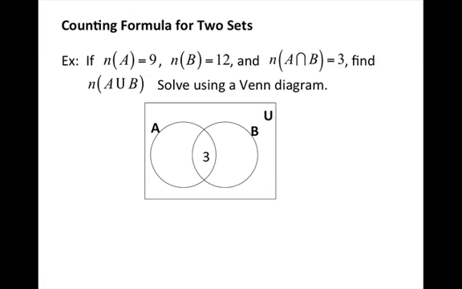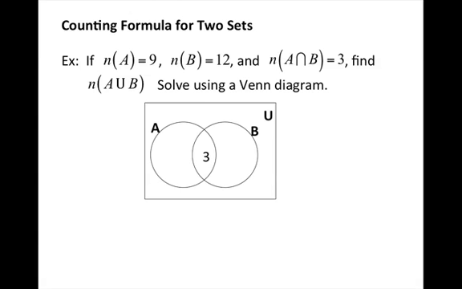I don't know what sets A and B are, but let's think about the previous example, and let set A be the students enrolled in a math class and set B be the students enrolled in an English class. So that means there's 3 students that are enrolled in math and English.